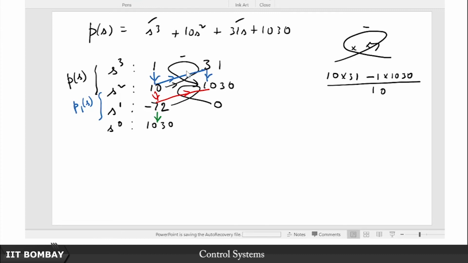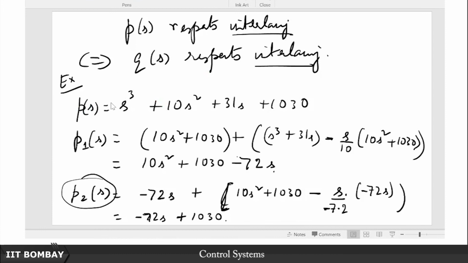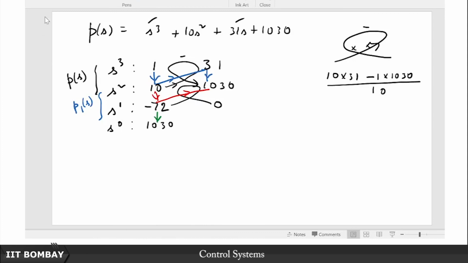So similarly, the same operation that we are capturing, this step of our algorithm going from P to P1, P1 to P2, the same thing is being captured here. As I said, these two will give you P2 if you know how to read. So this is s cubed plus 10s squared plus 31s plus 1030, which is your original polynomial. At the first iteration, after getting rid of the highest degree, you got 10s squared minus 72s plus 1030.